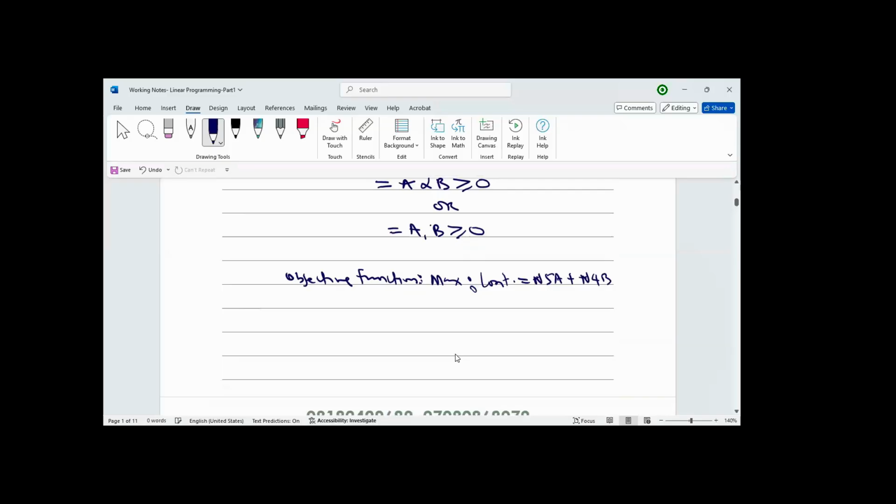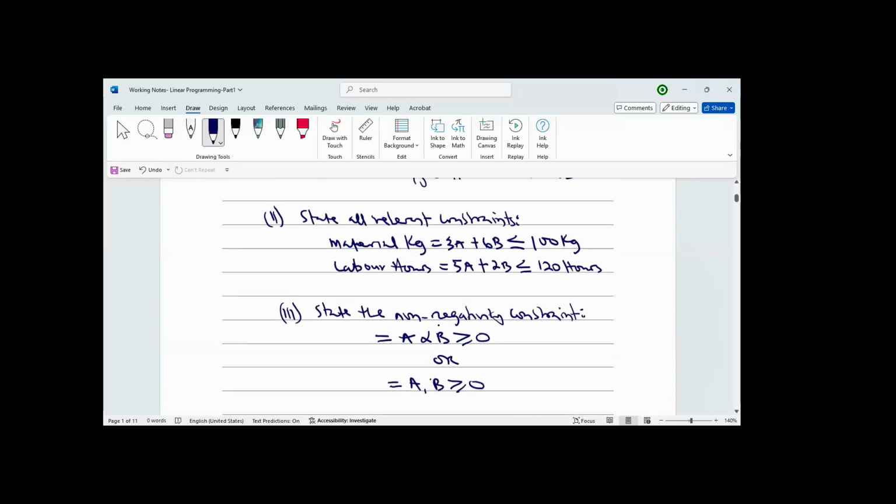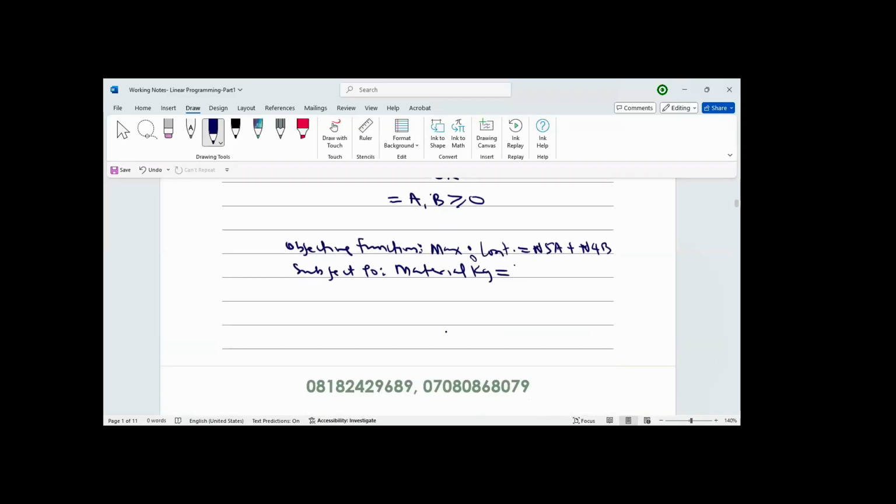Okay. Then the next one is to state all relevant constraints. I would then say subject to: material in kilogram is 3A plus 6B less than or equal to 100 kilogram.